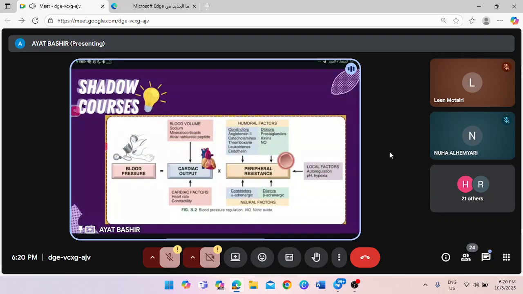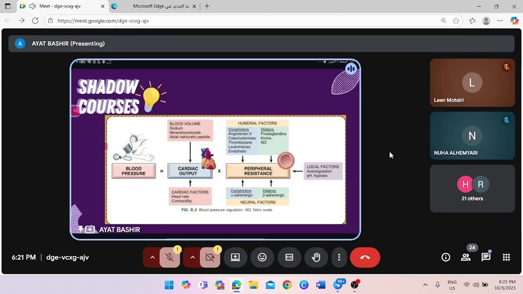And here, the blood pressure is related either to the cardiac output or to the peripheral resistance. Very important, this picture. First, the cardiac output. First, we'll talk about the blood volume.